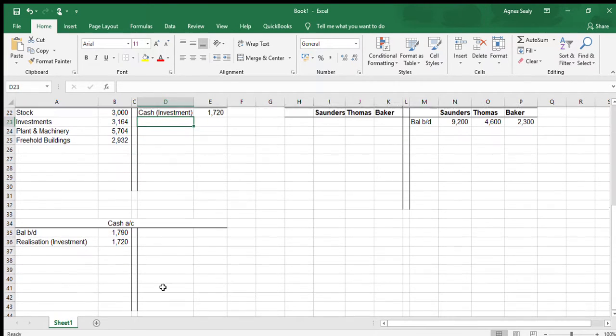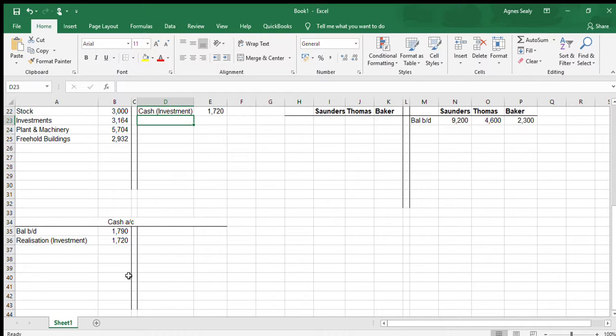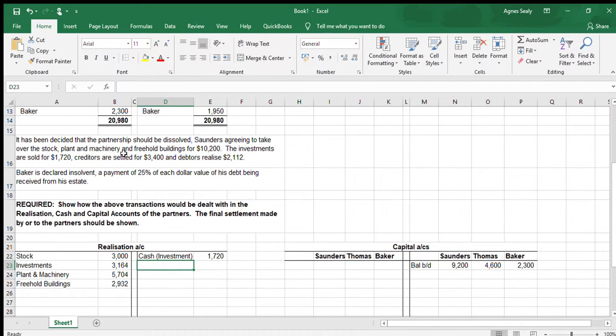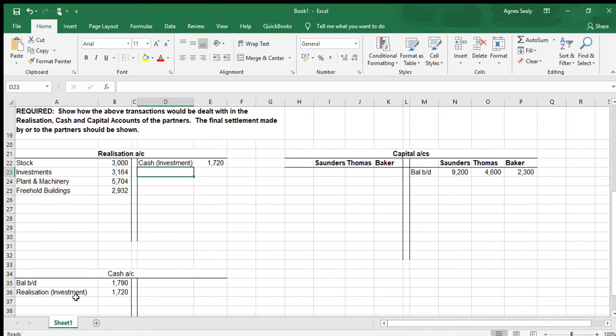Then we will look at the fact that the question also states that our debtors will realize $2,112. So we are going to debit our cash account. I keep saying bank account because it's customary to bank.